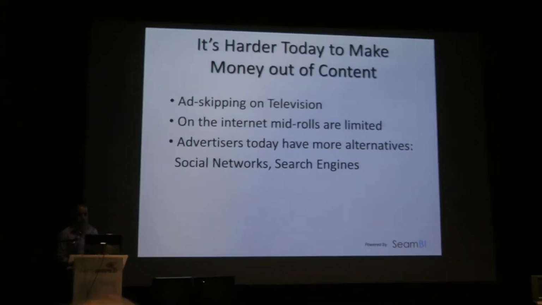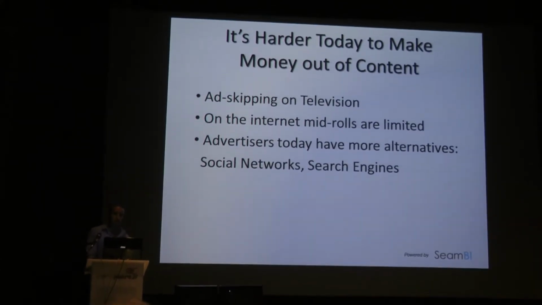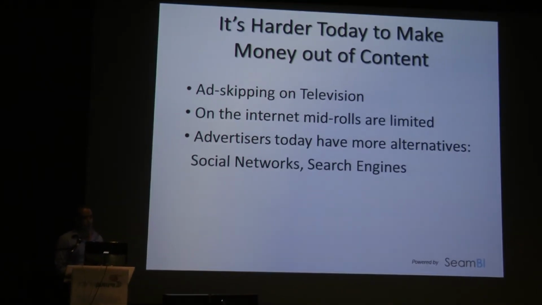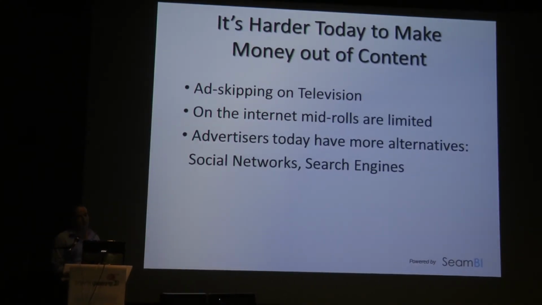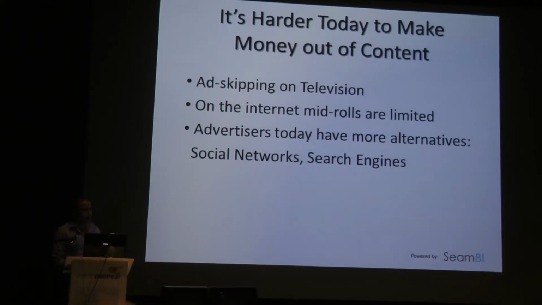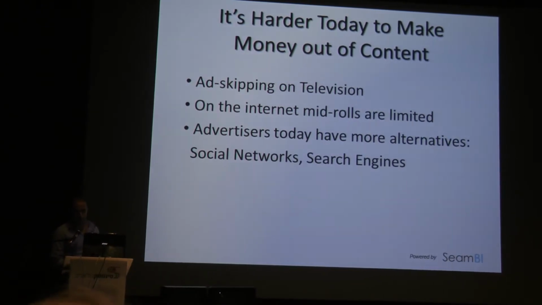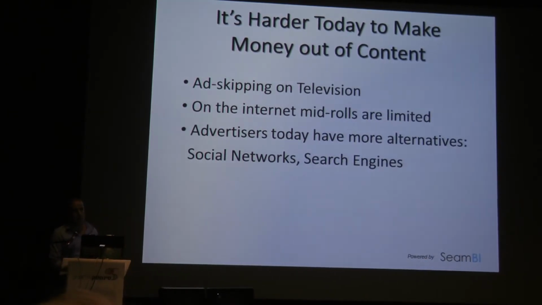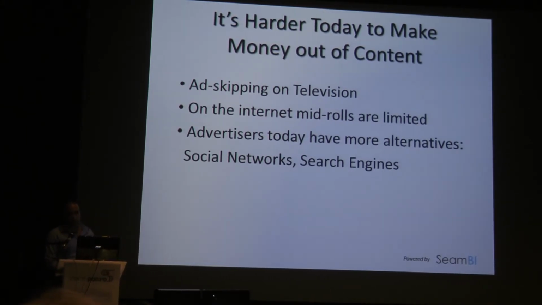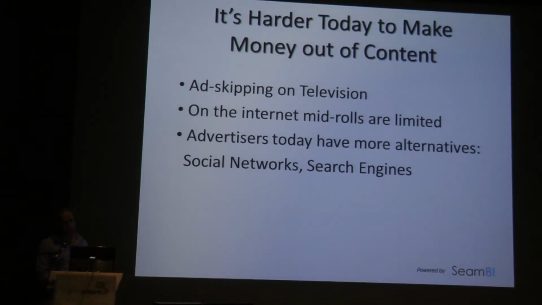From our experience, especially in the US, where we're mostly active today, it is harder today to make money out of content. And the reason for that is ad skipping on television became a widespread phenomenon. On the internet, viewers have much more options, and therefore mid-rolls, which are the main way where advertisers can put their advertisement in video content, are much more limited than the traditional ad spots on television.